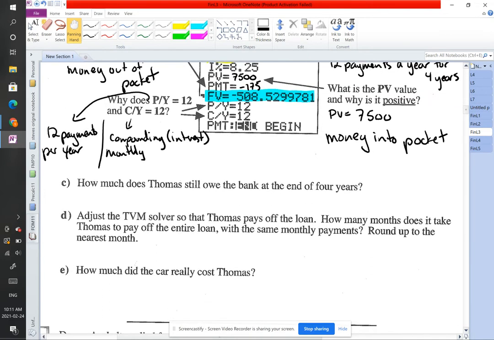So if we were to do that, we would say that Thomas owes $508.53 at the end of 4 years.